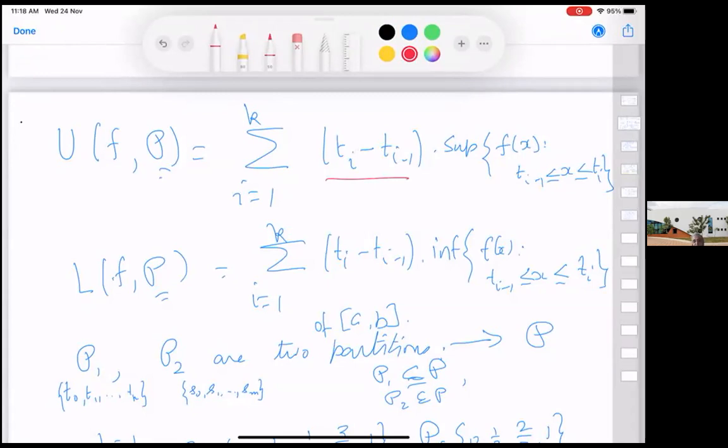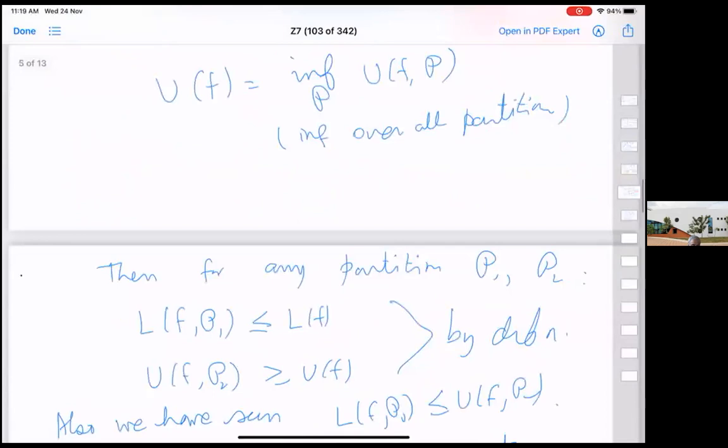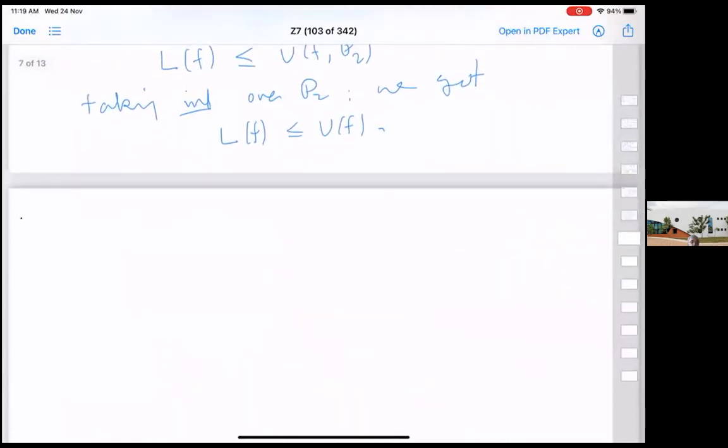So the upper bound is the length of the interval times the supremum over that interval, and the lower bound is the length of an interval times the infimum over that interval, and summing over. That is LFP, UFP. Then we take the supremum over all such partitions for the lower bound and the infimum over all such partitions for the upper bound and call that LF and UF. And what we have is that LF is less than or equal to UF.